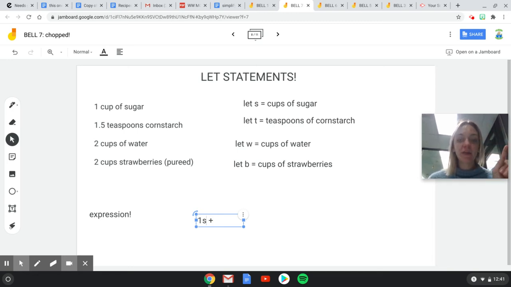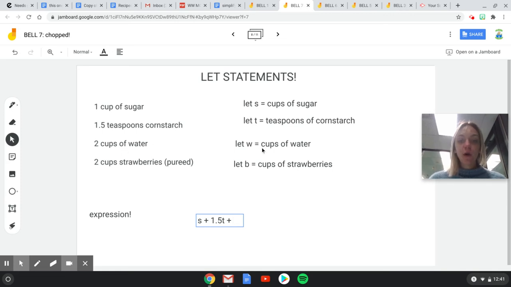Most of the time in math, though, you're not going to see 1s. Anytime there's a variable by itself, we can assume that the coefficient is 1. So we're going to add now our teaspoons of cornstarch. We have 1.5 teaspoons. So 1.5 is my coefficient, T is our variable. So plus 1.5T.